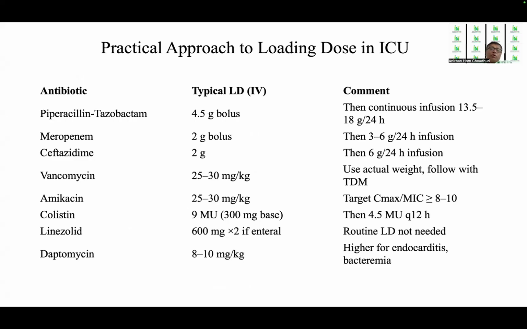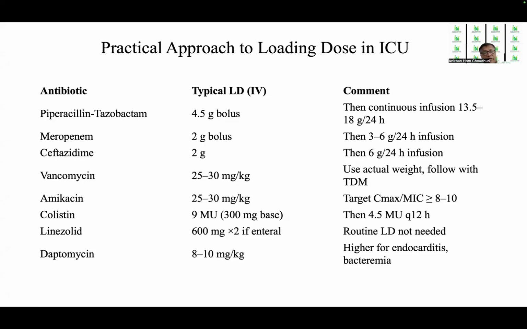So the practical approach to loading dose in the ICU: piperacillin tazobactam, we give 4.5 gram bolus, meropenem 2 gram bolus, ceftazidime 2 gram, vancomycin 25 to 30 milligrams per kg, amikacin the same, 25 to 30 milligrams per kg.